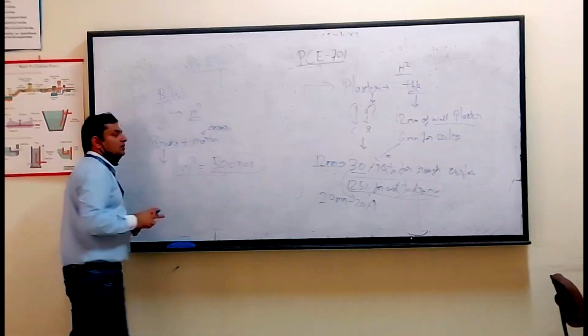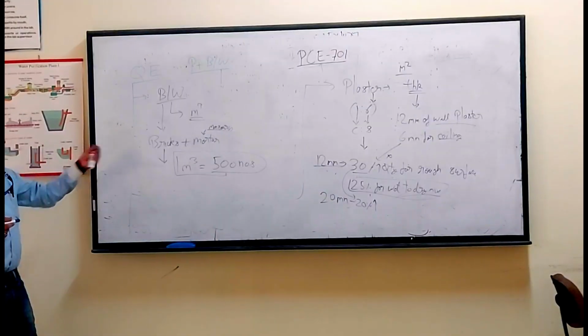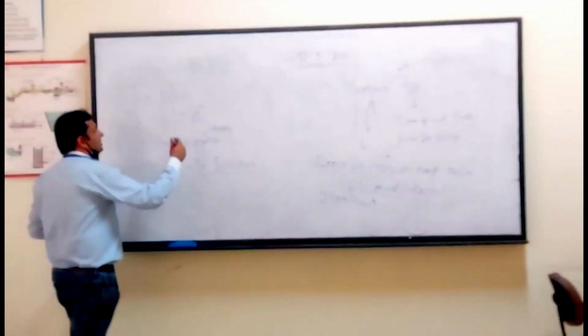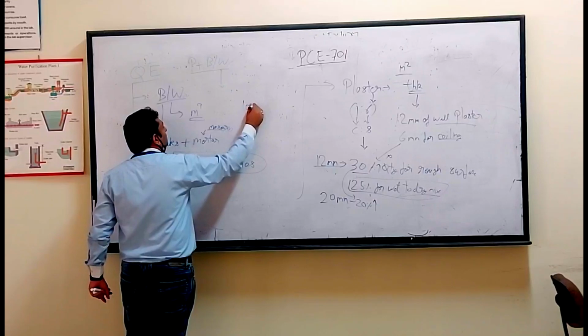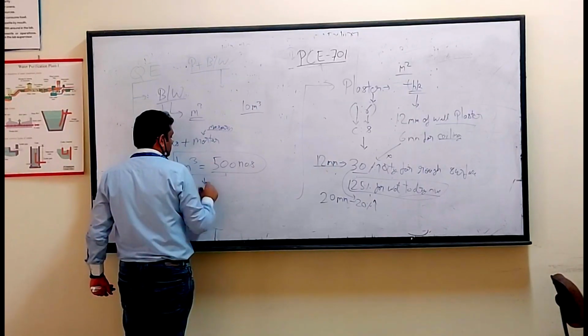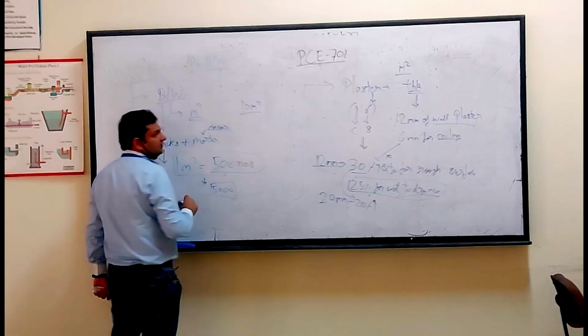From this, you get the number of bricks to be used. For example, if you have 10 cubic meters of brickwork to be completed, the number of bricks from this relationship will be 5,000. This includes the wastage and everything.